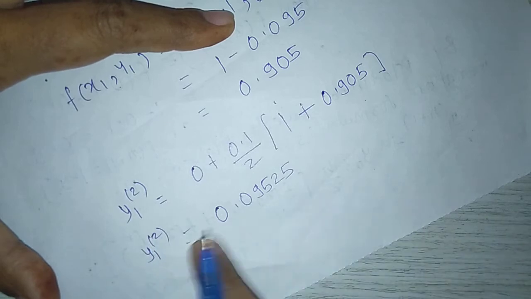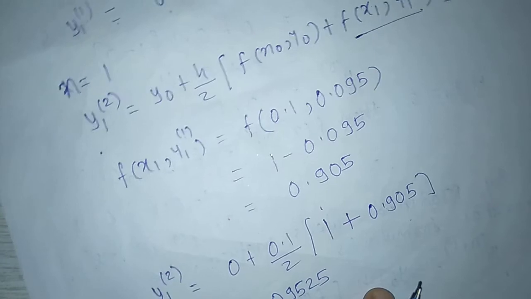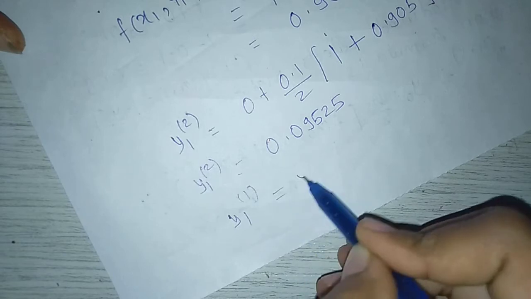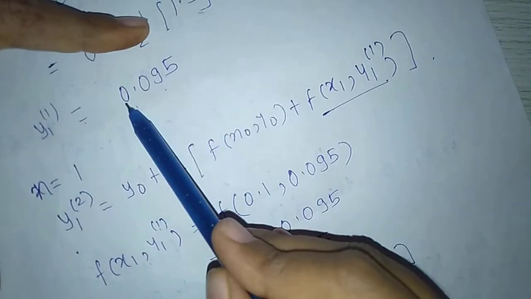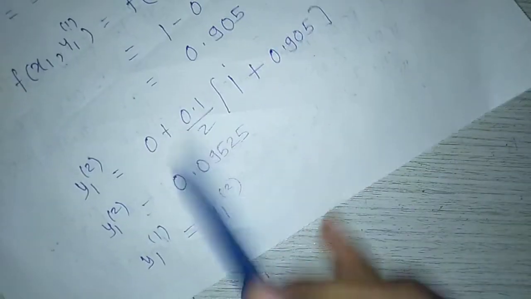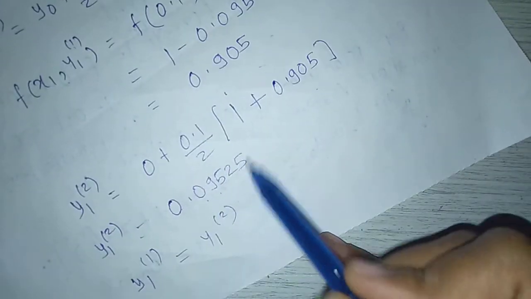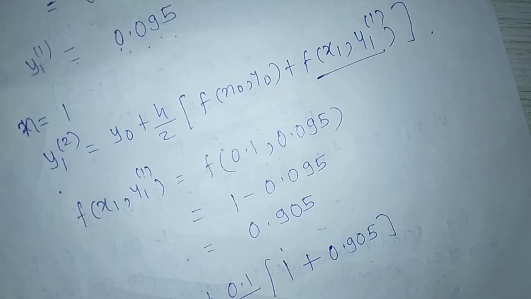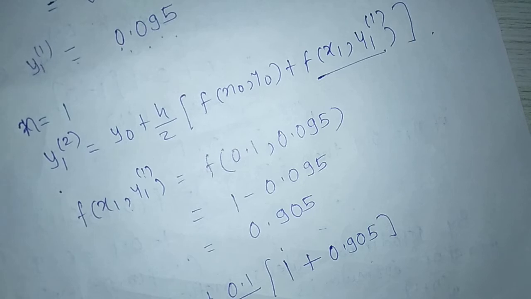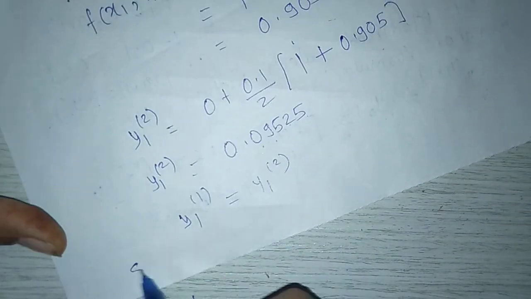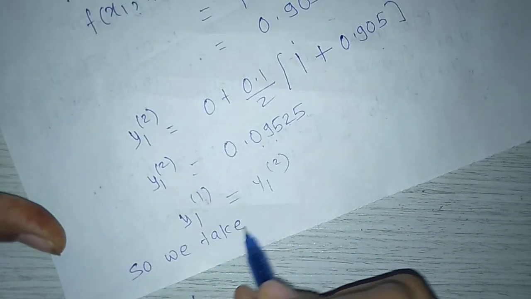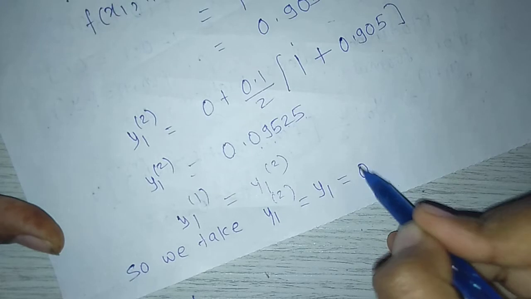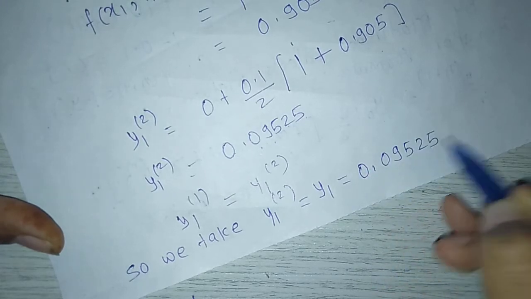Here we observe that y1 raised to 1 equal to 0.095 and y1 raised to 2 is also 0.095, with a difference only in the later decimals, meaning the first and second approximations are approximately equal. So we take y1 raised to 2 equal to y1, which is equal to 0.09525.